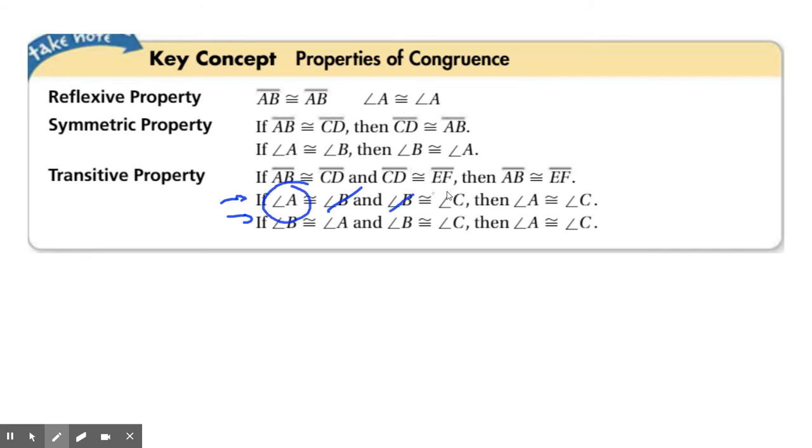That means that angle C must be congruent to angle A, right? And again, it really doesn't matter the order. So in the second one, now we have angle B congruent to angle A and angle B congruent to angle C. So now we have A and C both congruent to B. So again, get rid of the B's. A is congruent to C. All right. So be aware of how the transitive property works. It's important.